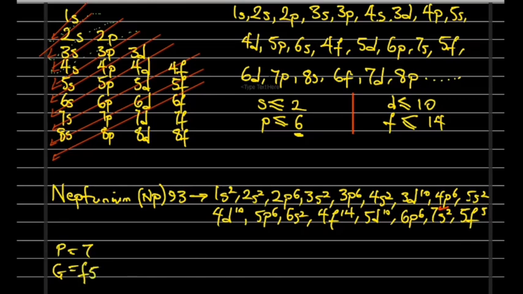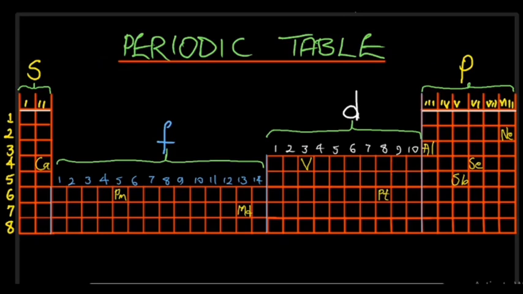That is where we have Neptunium, period 7 and f5. Neptunium is in period 7, and the f block 5th. This place here is where we have our Neptunium, directly under our Promethium.